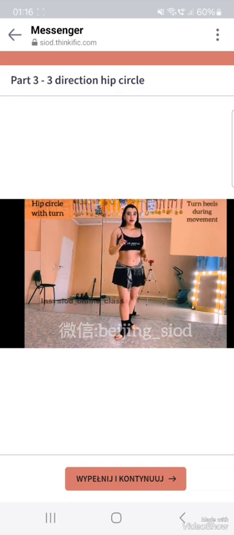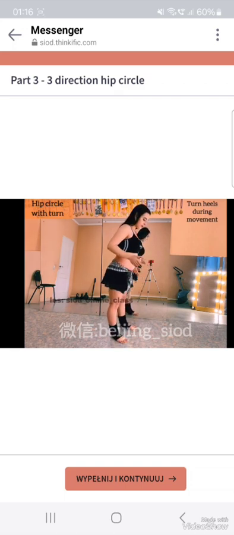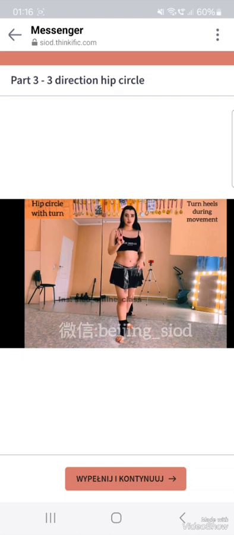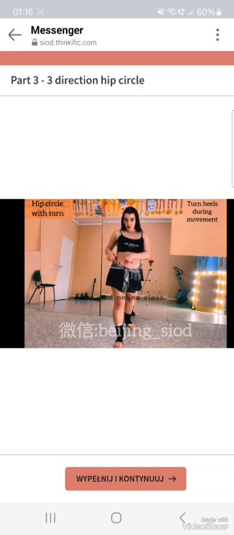The basic of this movement is that when you turn, you also turn your heels, 1 and 2, 1 and 2. So we will turn our heels 2 times in this movement. So at first we make the first step and move this part of the belly to the front.